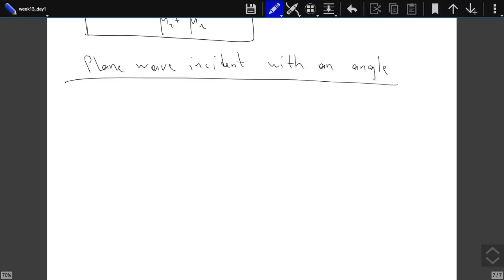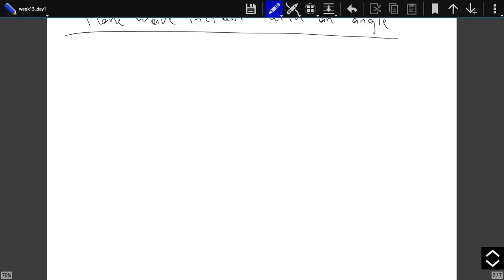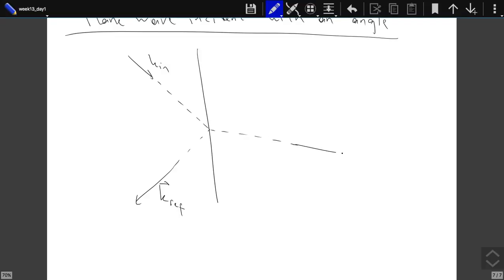Well, here you will have to think in 3 dimensions. This is our interface. This is K in. This is K reflected. This is K transmitted. Let's call it theta incident, theta reflected. This is theta transmitted.